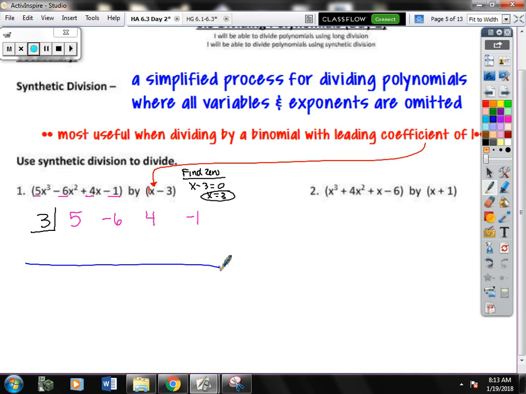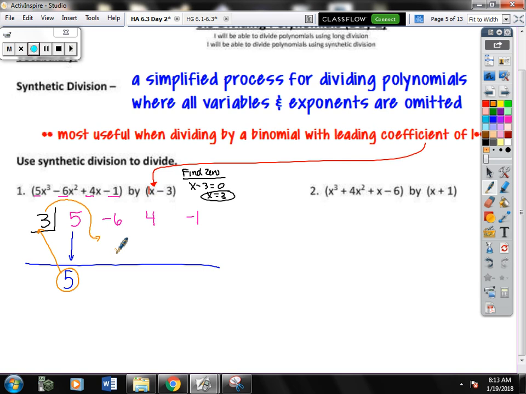Now the very first term is going to drop straight down and be itself, 5. Then you multiply this number by the 0 that's up in the corner, and you put that answer underneath the -6.